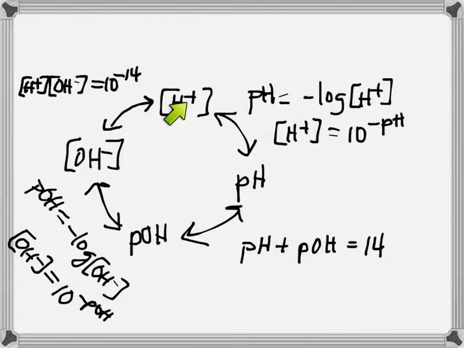You can go from hydrogen ion to hydroxide ion and then to pOH. Which direction you go is your choice. Personally, I think that this relationship is easier to deal with than this one. And so for that problem, I'm going to take the hydrogen ion concentration, calculate the pH, and from that, calculate the pOH. Because the pH and the pOH add up to 14.